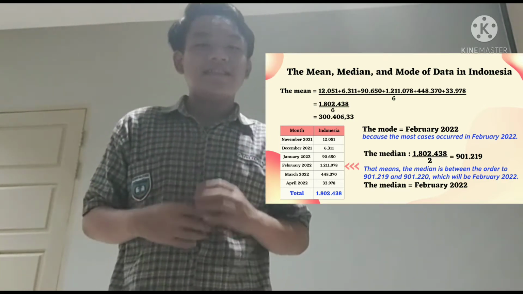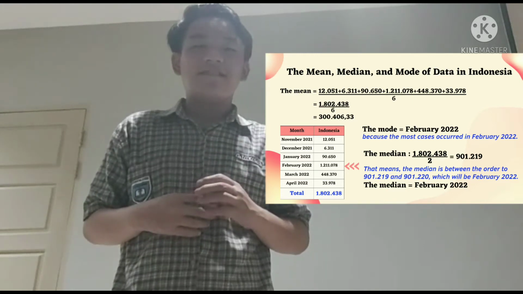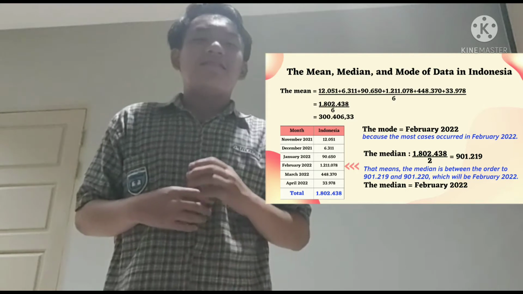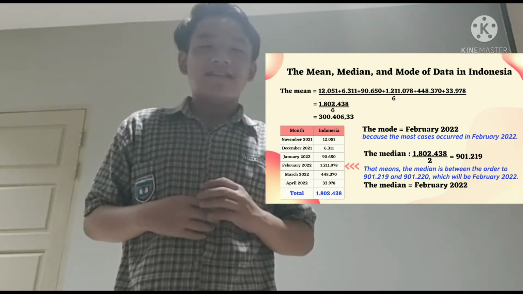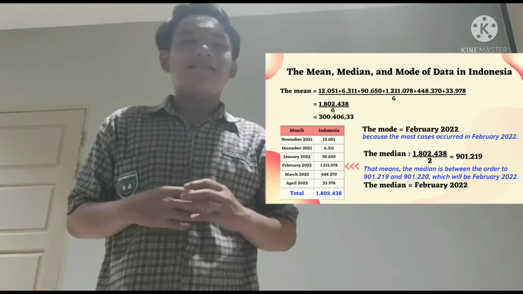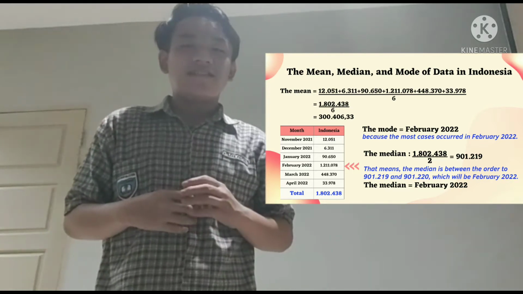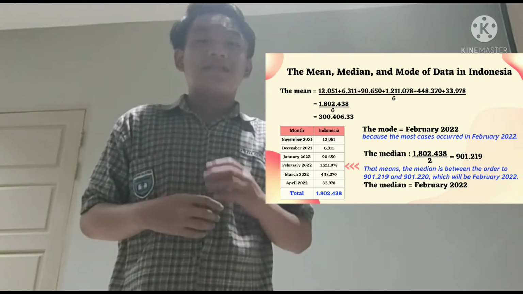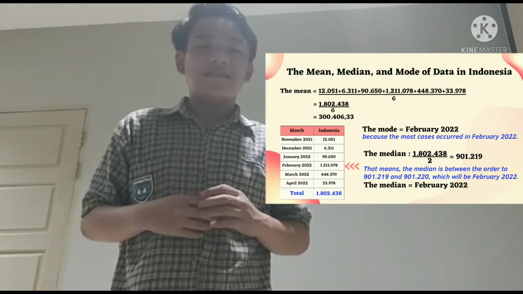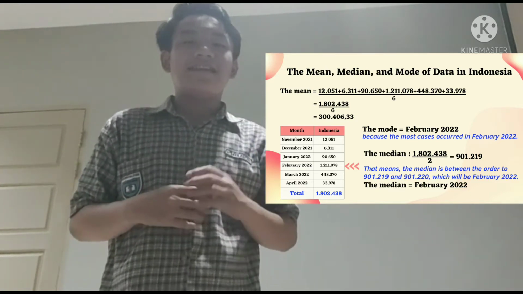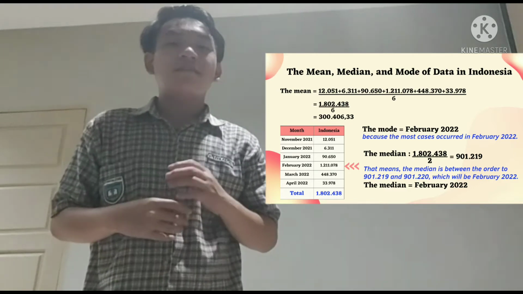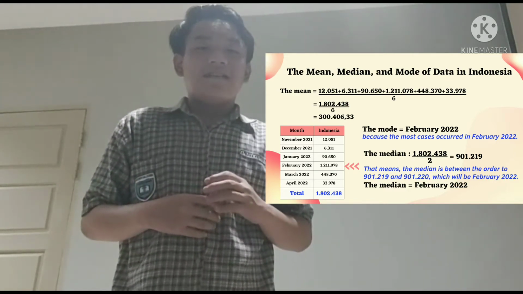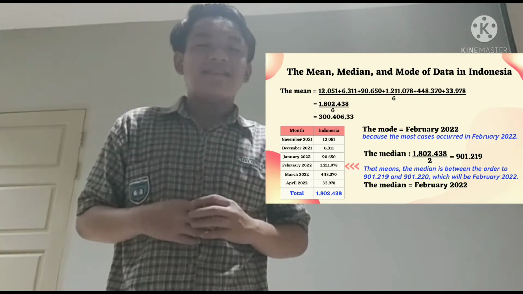12,051 plus 6,311 plus 90,650 plus 1,211,078 plus 448,370 plus 33,978 equals 1,802,438.